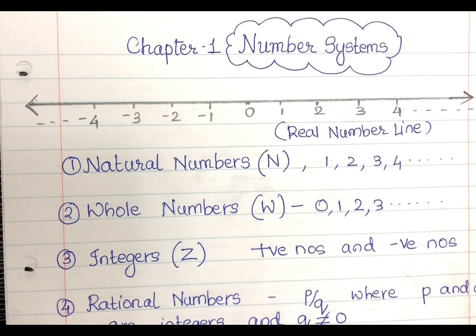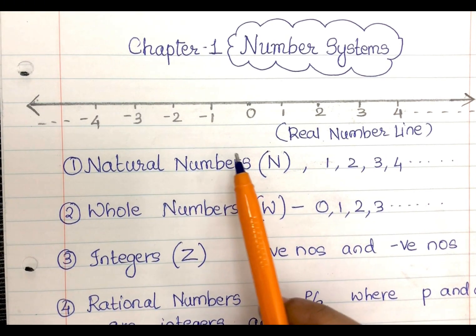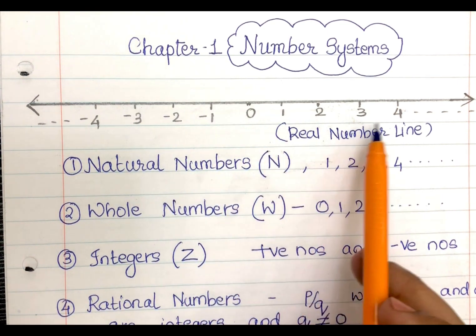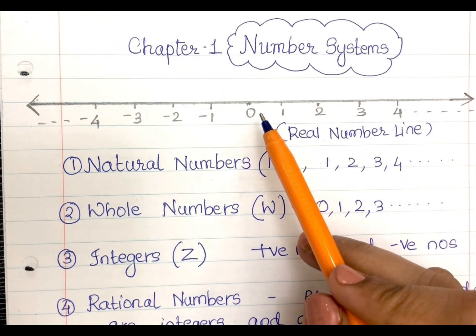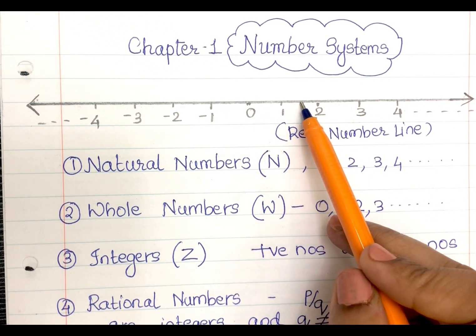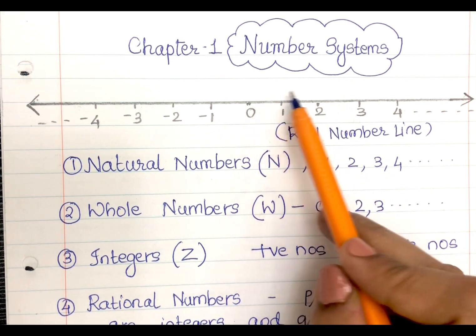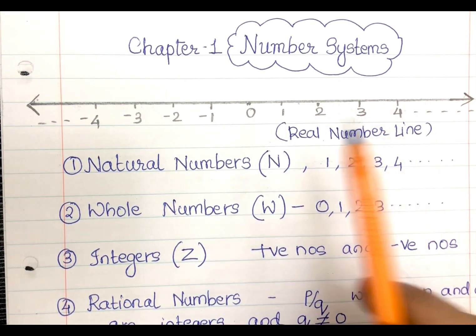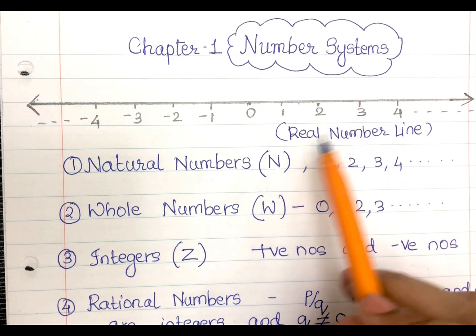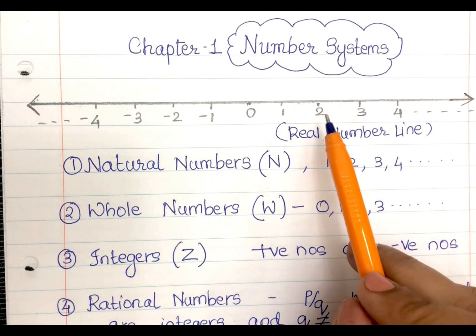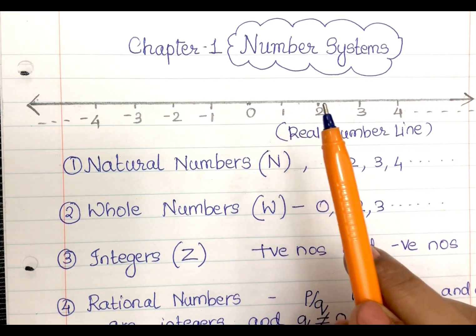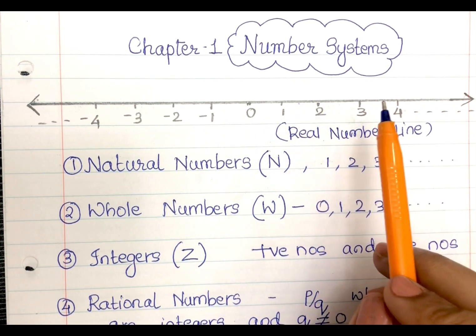Also you have to understand that every real number is represented as a unique point in the number line. See, if we want to represent root 2, somewhere it falls around here, I think, right? So every real number means what? Rational number plus irrational number. So any number can be represented as a unique point in the number line.